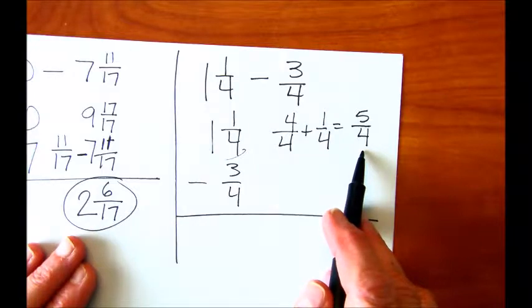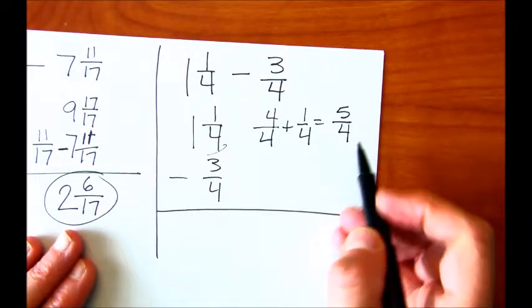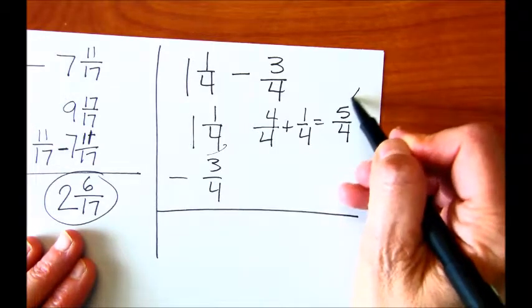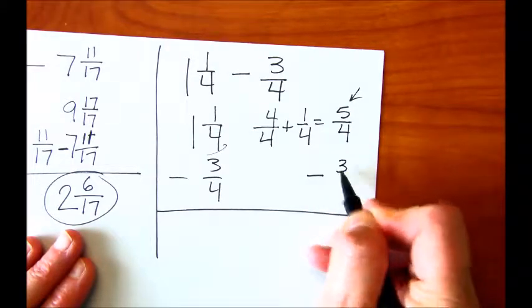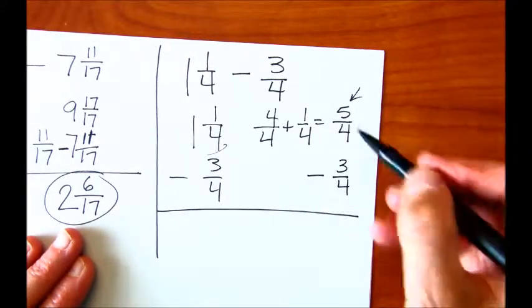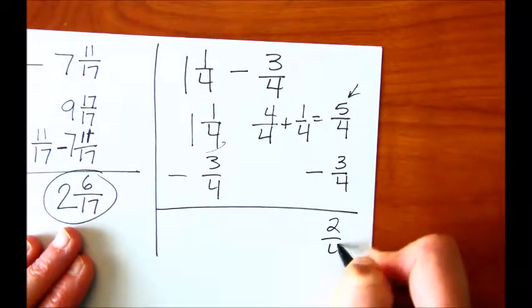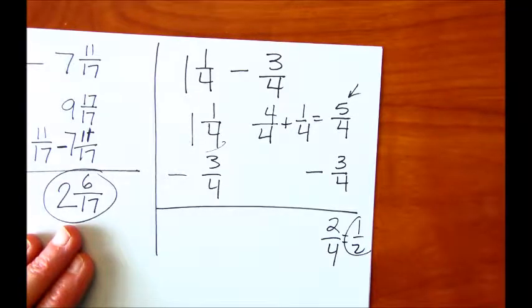And yes, that's improper, but basically what we've done is we've made the numerator larger, so now we can take away 3/4. So now 5 take away 3 is 2/4, and of course we can reduce to 1/2.